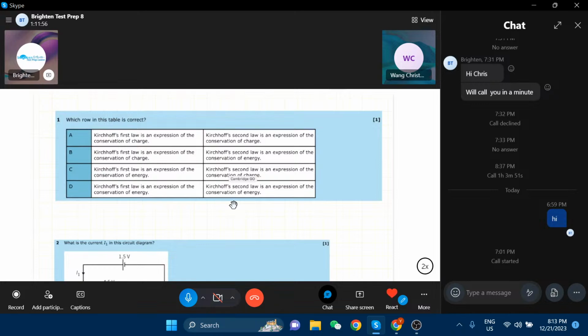And the second law means that the sum of EMF in a loop should equal the sum of PD of the components in the loop. Yeah, super. Yeah, well said, Chris. So this one, of course, is now a bit obvious when you really look at the wording.